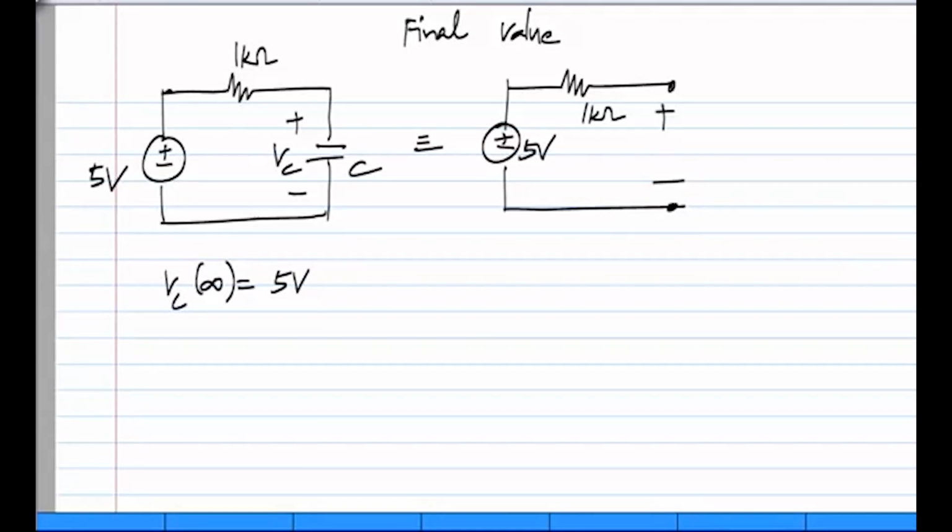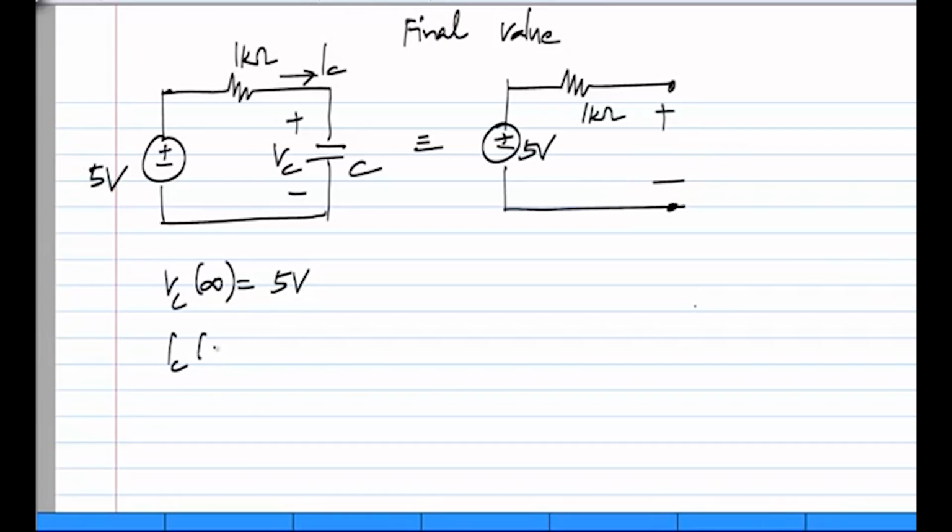This is a very simple circuit, but in any circuit you can open circuit the capacitor, then you will be left with only independent sources and resistors or control sources. This is like the earlier circuit analysis without capacitors, which you can do quite easily. VC steady state value is 5 volts. On the other hand, if you wanted IC, then you can clearly see that IC is 0 here because of the open circuit.